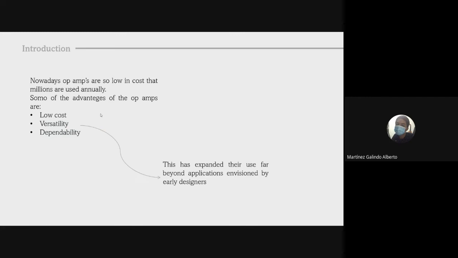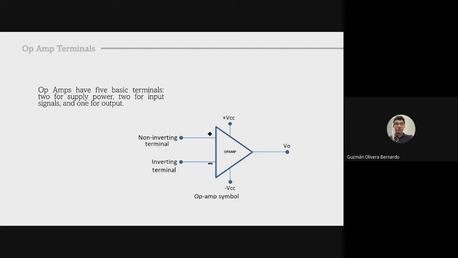Obviously, there are some advantages we must mention, such as lower cost, versatility, and dependability. Operational amplifiers have five basic terminals: two for supply power, two for input signals, and only one for output.